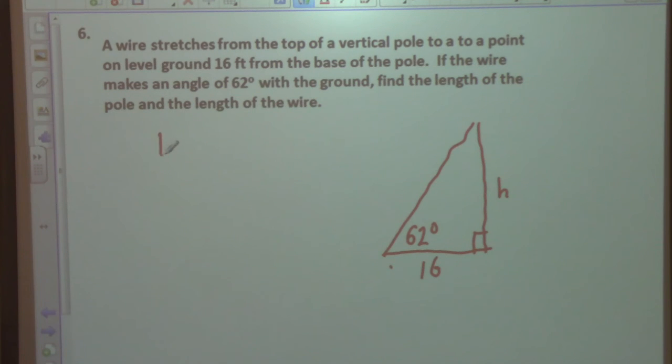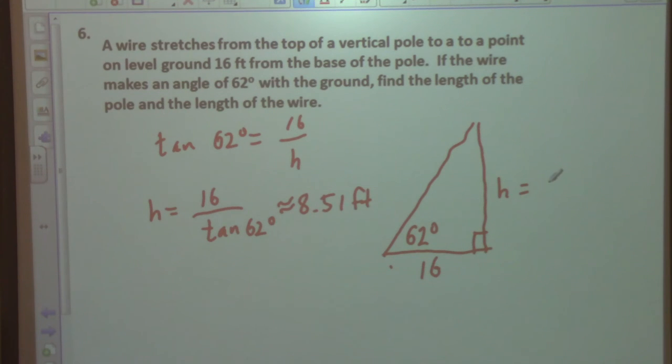So tangent of 62 degrees equals 16 over h, is that right? And so h is going to be equal to 16 over tangent 62 degrees. And that's how many feet? 8.51. So this one's about 8.51 feet.